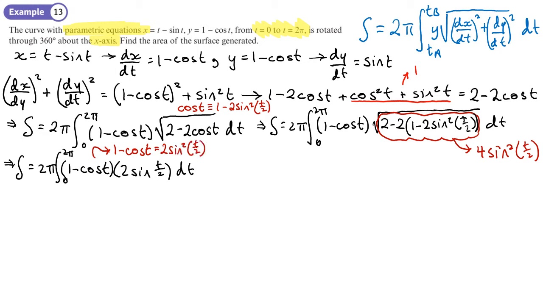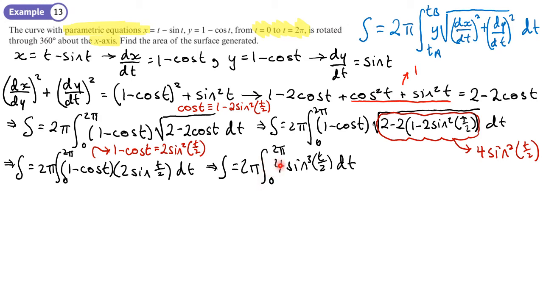That's handy because that will give me the same term here and here. And then if I multiply that out, that will give me 4, won't it? So 4 sine cubed t over 2 dt.